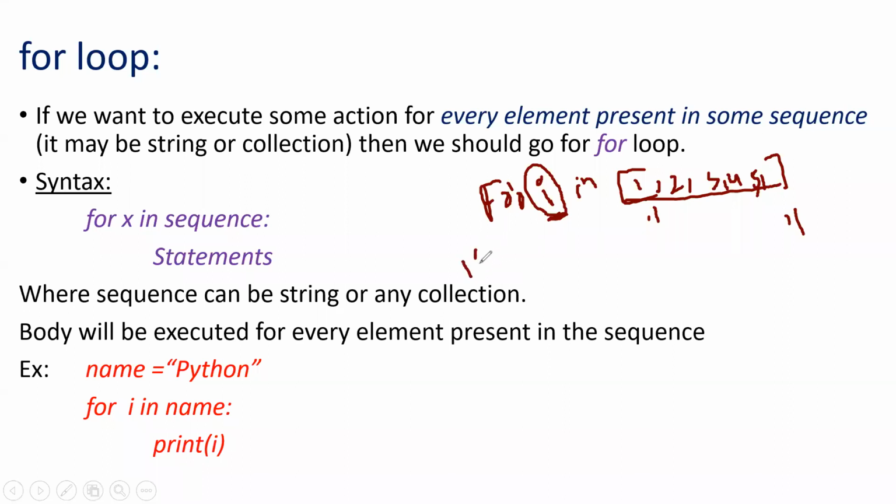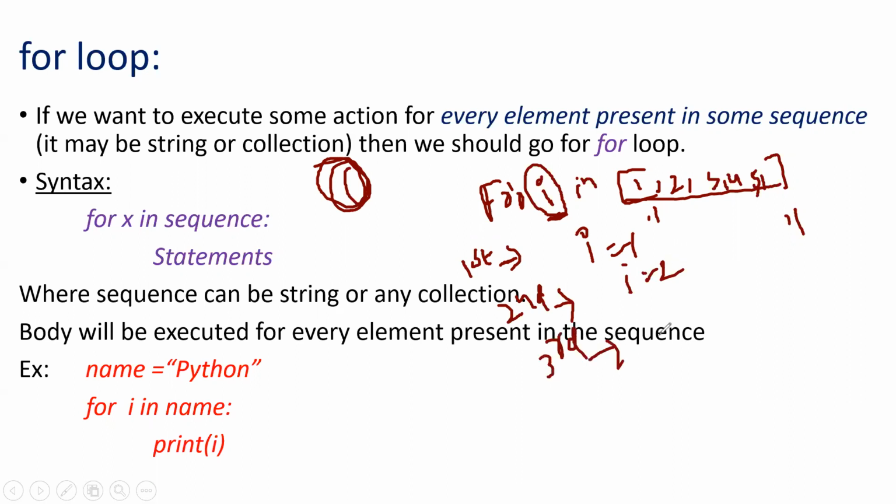For the first iteration, meaning the first run of the loop, I equal to 1. For the second iteration, I equal to 2, and for the third, I equal to 3.